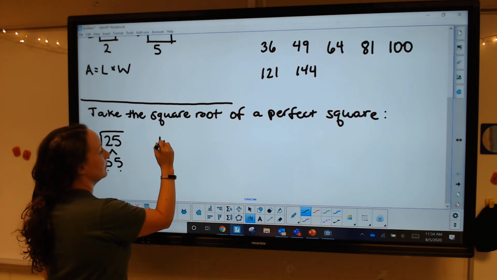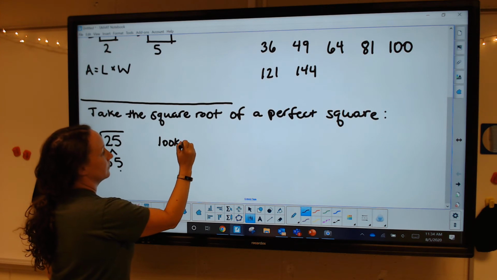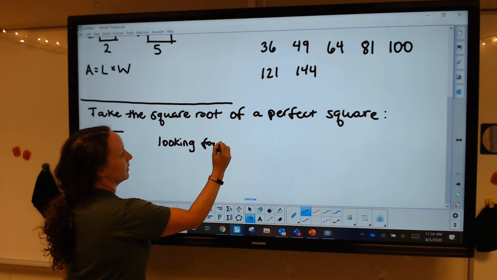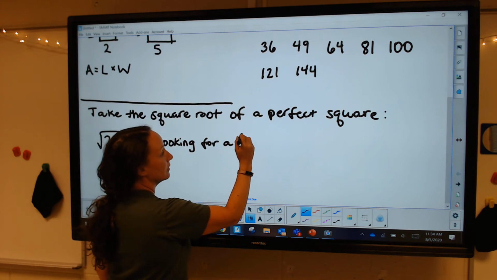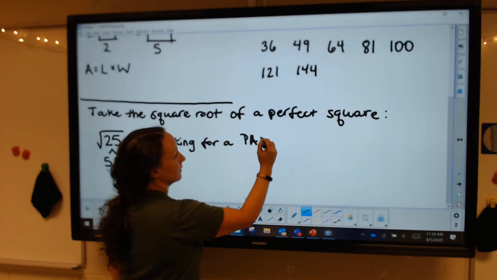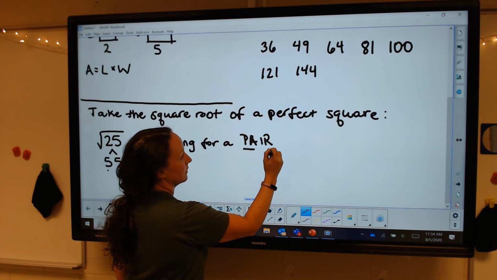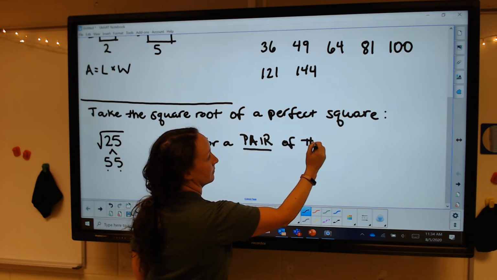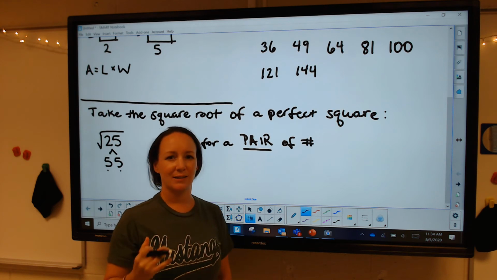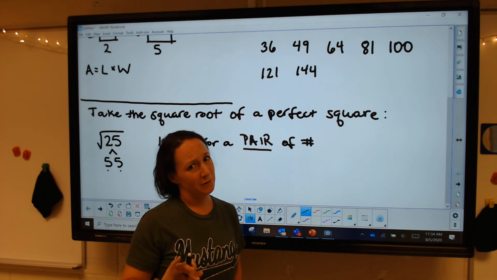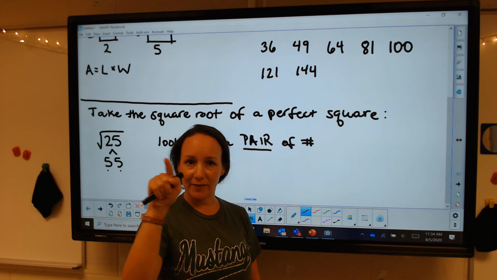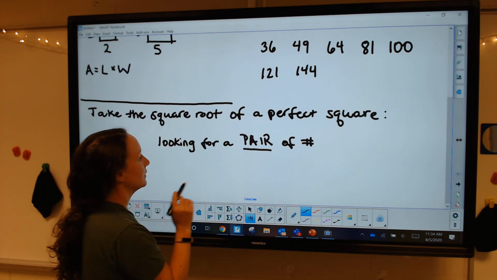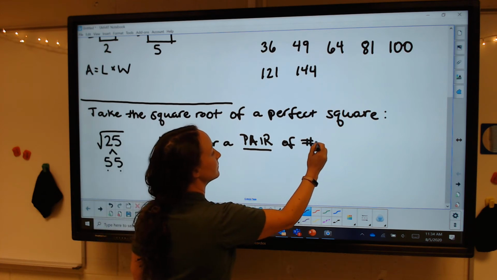You are looking for a pair of numbers that are the same number. So I'm looking for things like 5 and 5, 4 and 4, 3 and 3, because again, we're talking about that square and the two side lengths that are the same. So a pair of numbers.